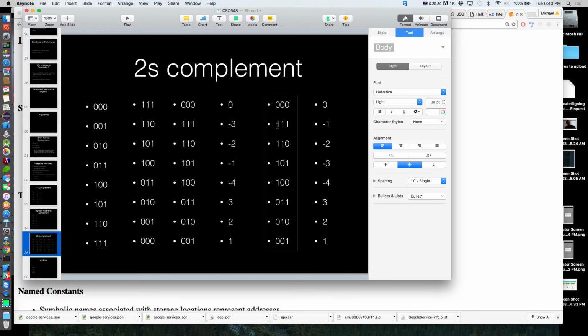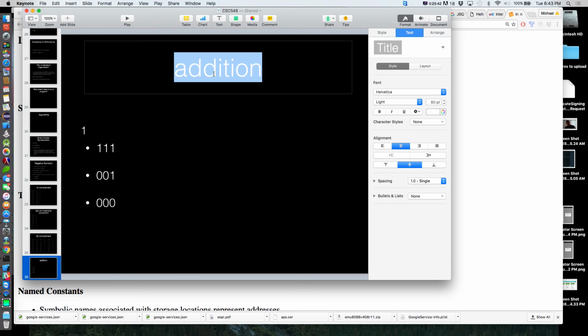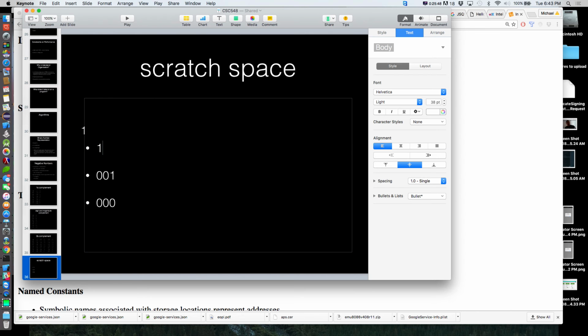Once I get the sign, in order to get the value out of it, what do I need to do? I want to get the 1 out of 1, 1. So if I come back here, we'll just call this scratch space. I have 1, 1 here. We know that this guy is in 2's complement form, correct?